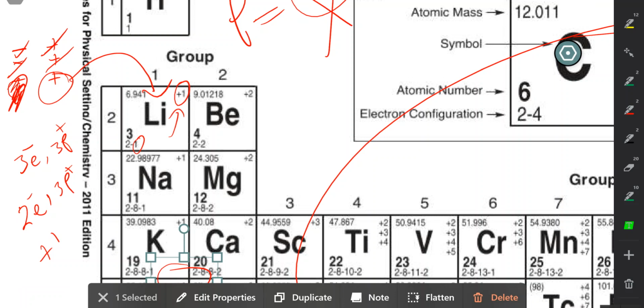For lithium, chemical stability means only 2 electrons in its last shell. Beryllium, same thing, 2 electrons in the last shell, or in the first shell.